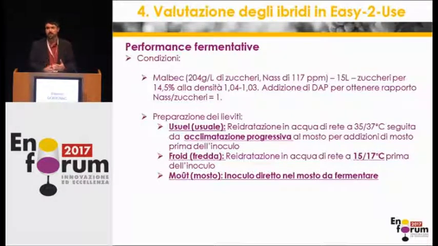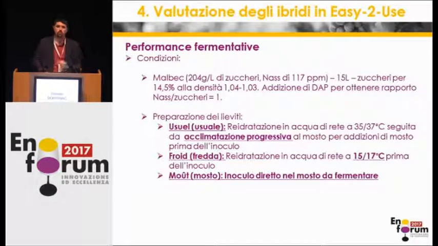Usual conditions of use: initially rehydration with progressive acclimatization to the must with additions of must before inoculation, and then that is moved to the tank, and then rehydration in cold conditions. You take cold tap water at 15-17 degrees, just fresh cool water, and then you transfer it before inoculation.